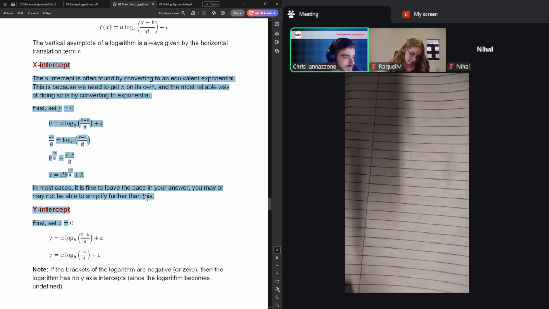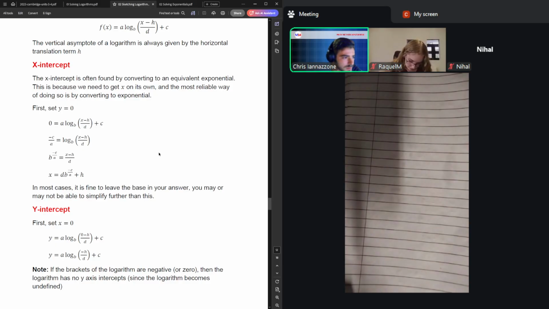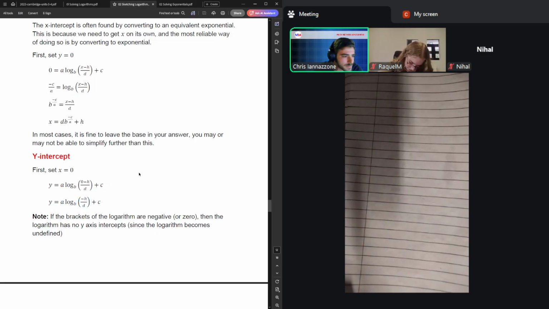And then your x and y intercepts are both x equals 0 and y equals 0. To get the x-intercept, you'll often have to flip to an exponential form. In simpler cases, that exponential form will condense down into just a nice and neat number, whereas the y-intercept is always pretty much just going to stay as a logarithm, usually.